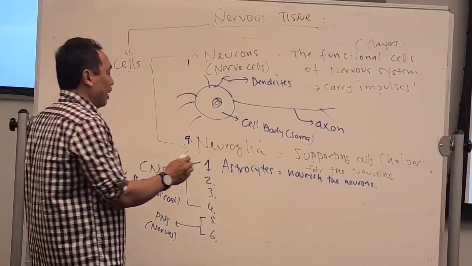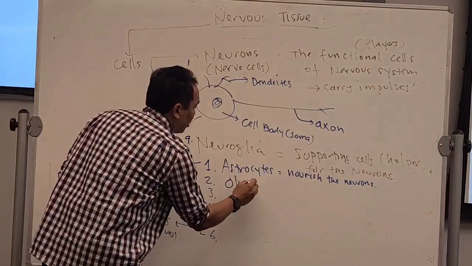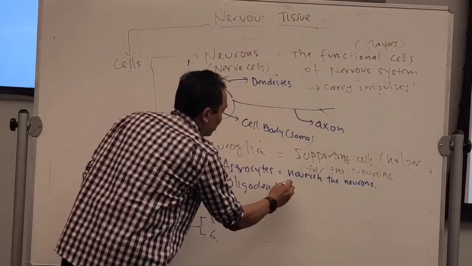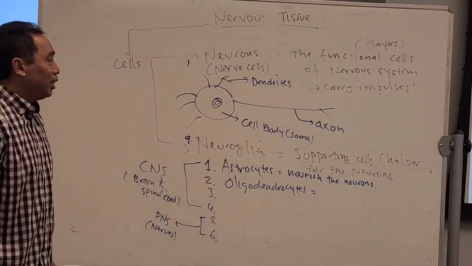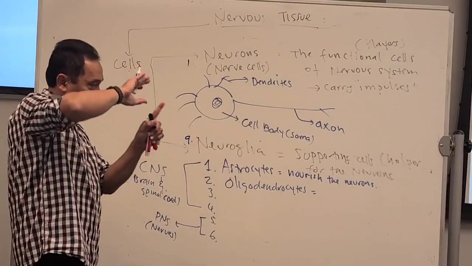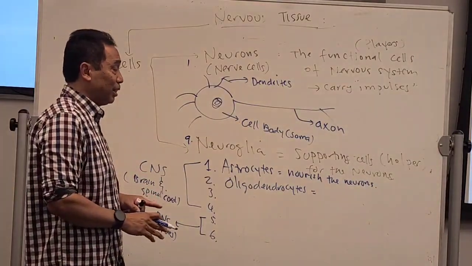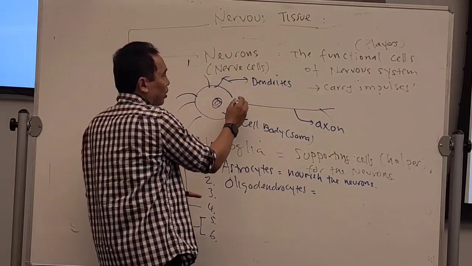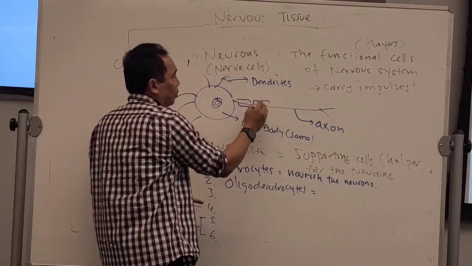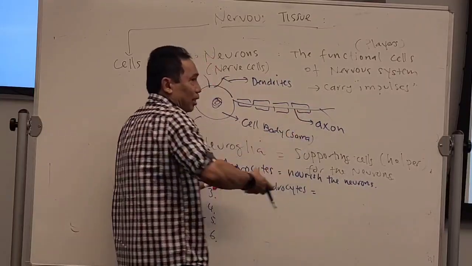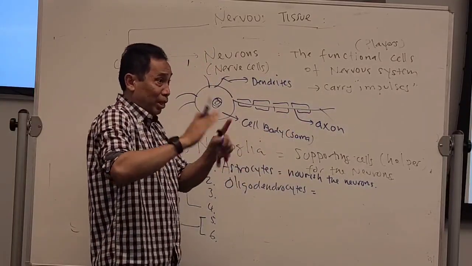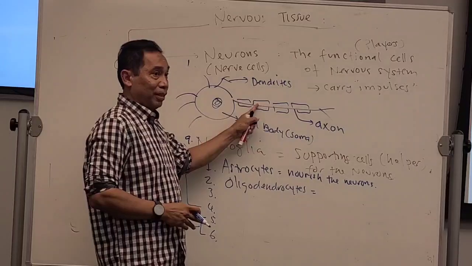The second one is called the oligodendrocyte. This is the one that produces the substance that will cover the axon. Many axons are covered by this, insulated by this structure.